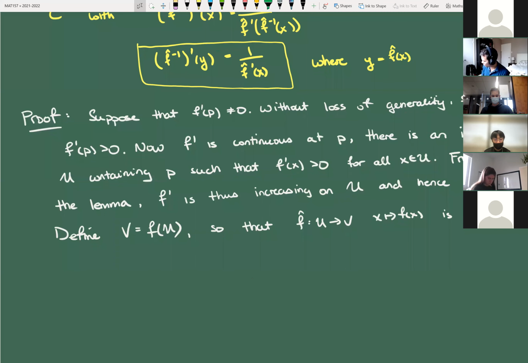Okay, so we know that f hat inverse exists since f hat is bijective. Okay, great. And moreover, we know that it's continuous.